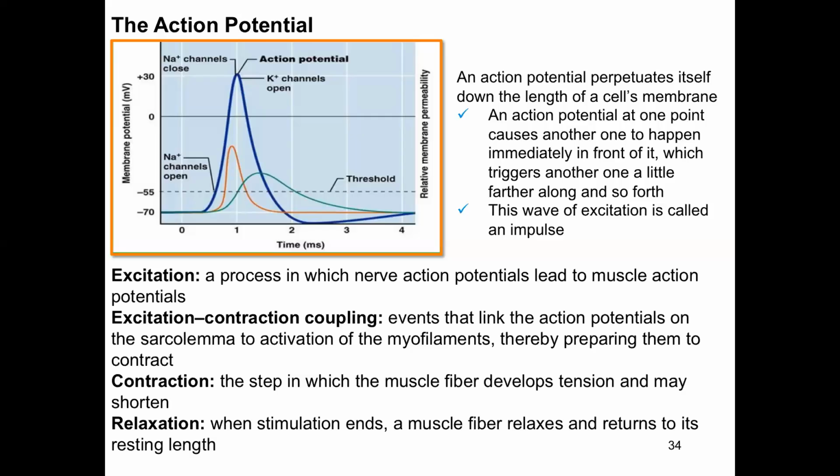Contraction is when the muscle fiber develops tension because the sarcomeres are shortening. And relaxation is when that stimulation ends and the fibers release and recoil back to their original length. Remember, the action part of muscle is contraction, and the resting part is when it all relaxes and extends back out to its original shape or length.